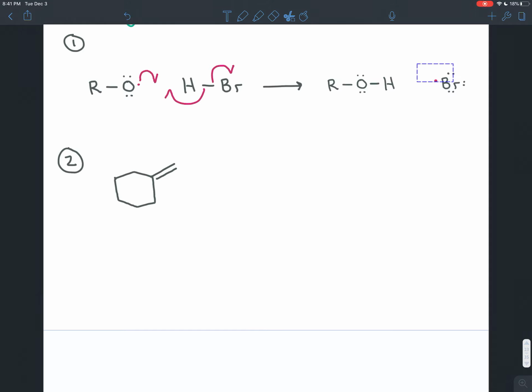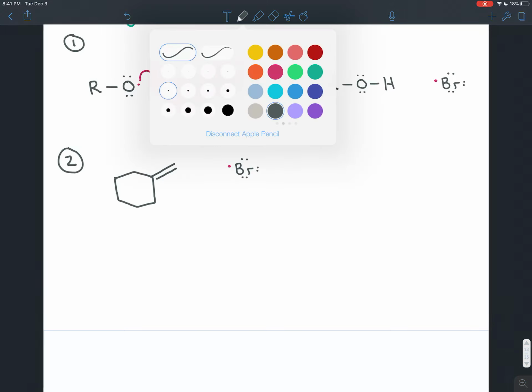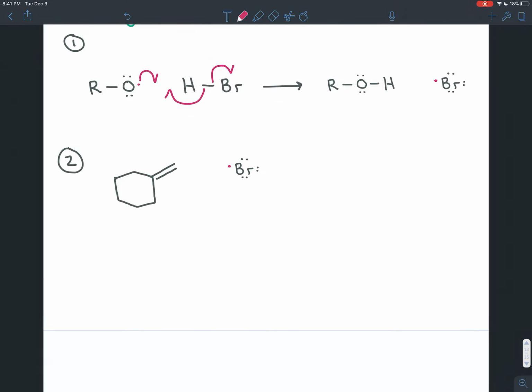The bromine radical that we made in the first propagation step rips off one of the pi electrons. And that's going to form a bond between the bromine and one of the carbons in the pi bond. And it's going to connect to the less substituted carbon so that you can form a radical on the more substituted carbon. So the bromine will contribute 1 electron to the bond, the pi bond will contribute a second, the other electron in the pi bond will snap back onto the more substituted carbon in this carbon chain.